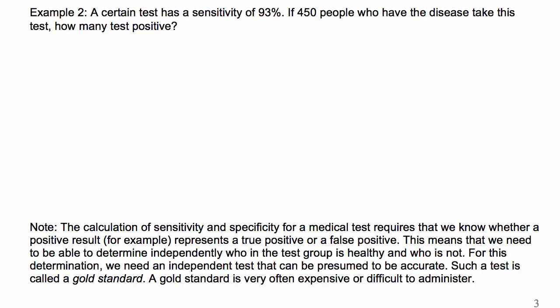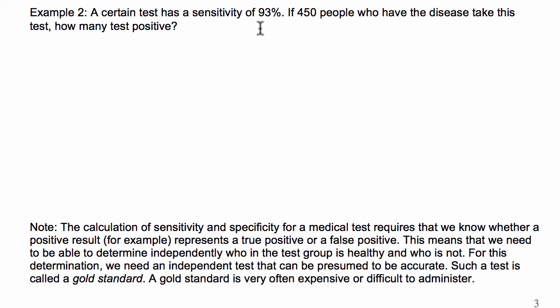Example 2. A certain test has a sensitivity of 93%. If 450 people who have the disease take this test, how many test positive? Remember, sensitivity deals with the first column of the chart. That is, it measures the accuracy of the test for the people who have the disease.